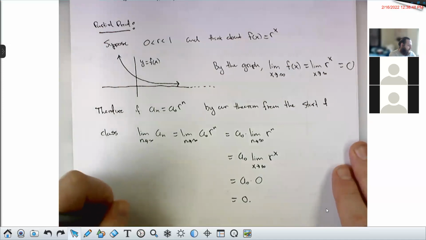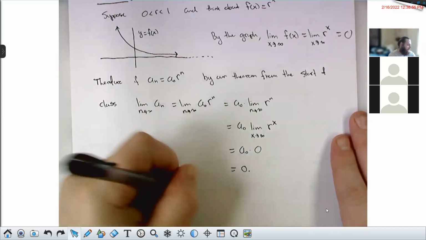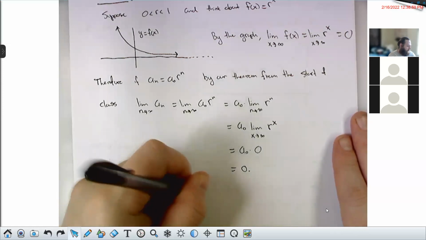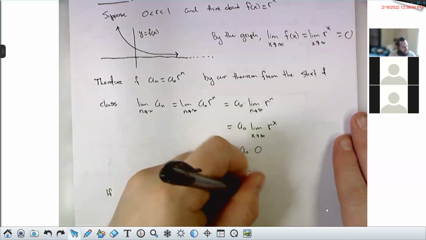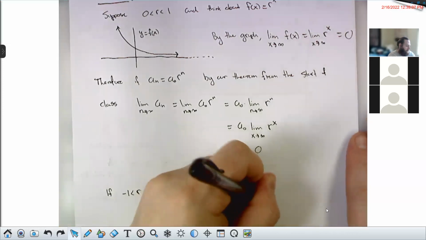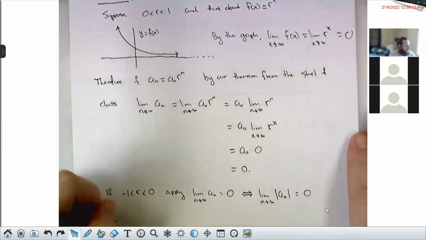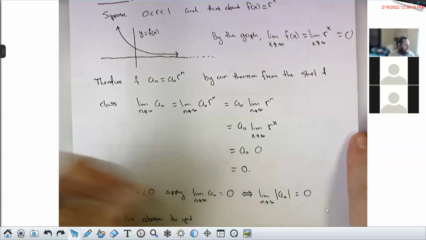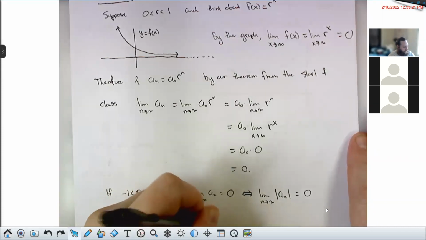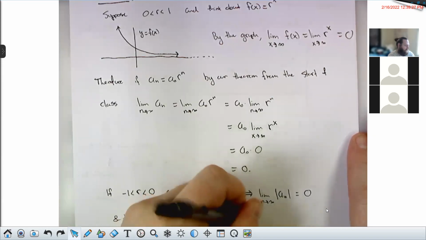If -1 is less than r is less than 0, apply the rule that says the limit as n goes to infinity of a_n equals 0 if and only if the limit as n goes to infinity of the absolute value of a_n equals 0, and the above, to get the limit as n goes to infinity of a naught r to the n equals 0 also.